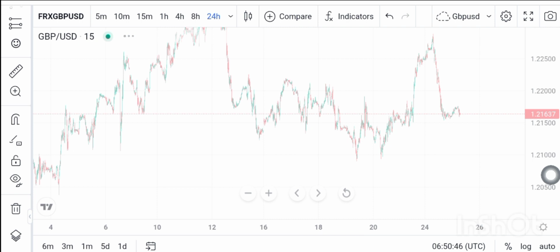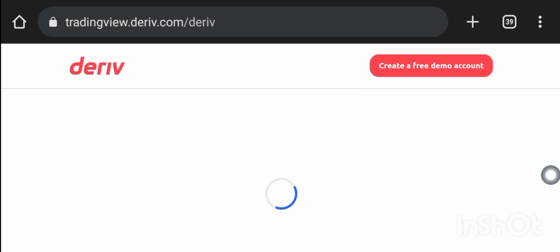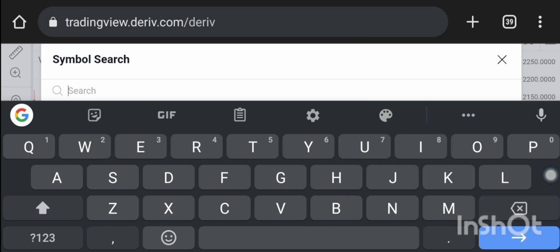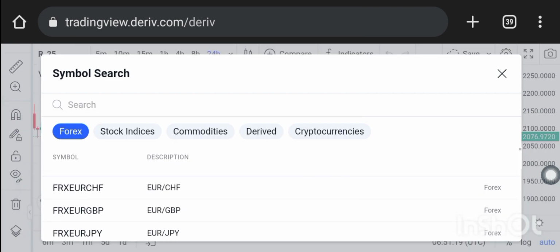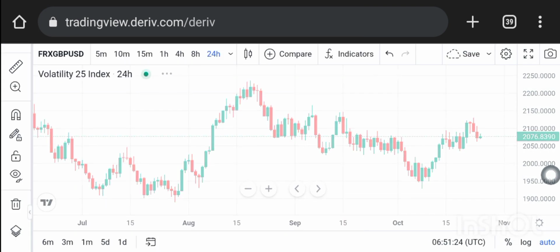As a support and resistance trader, you should know that if you really want to get a nice entry, you will have to start from the higher time frame to perform your analysis, down to the lower time frame. That's what we call top down analysis, so you have to keep it in mind.